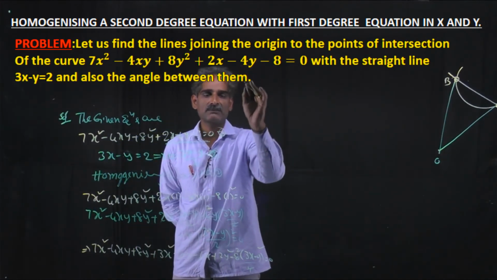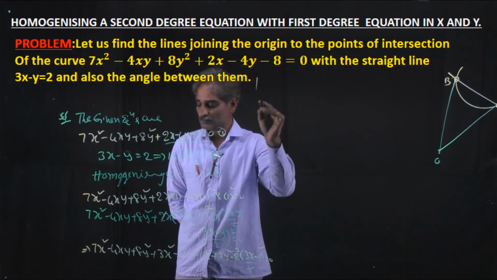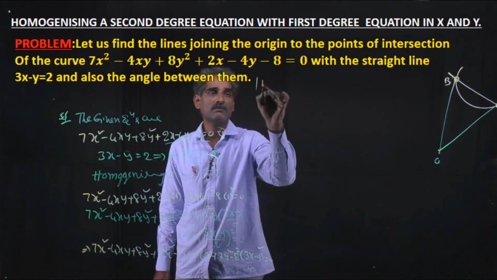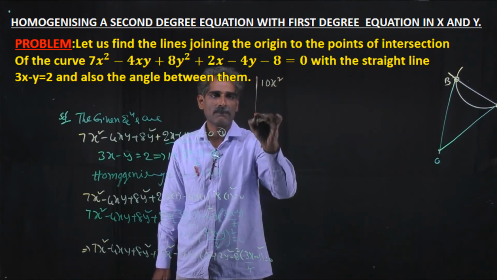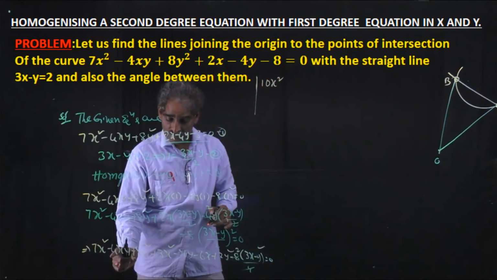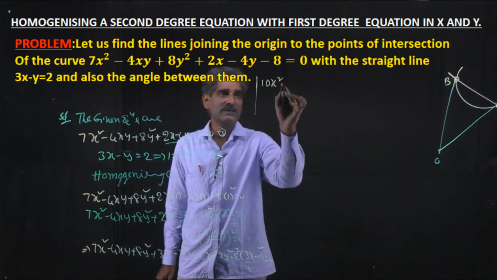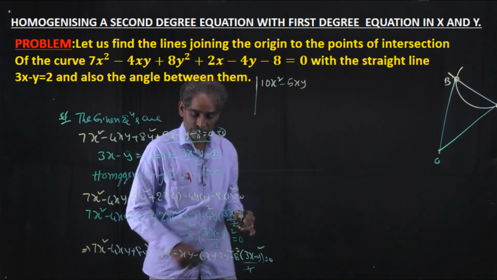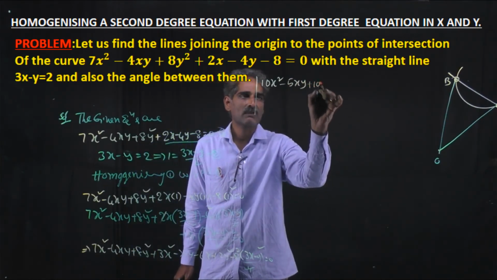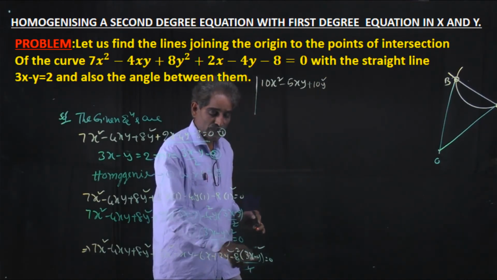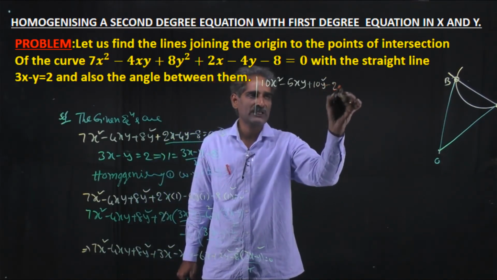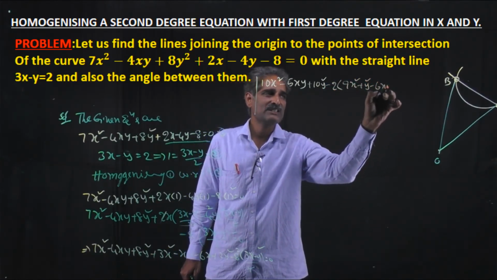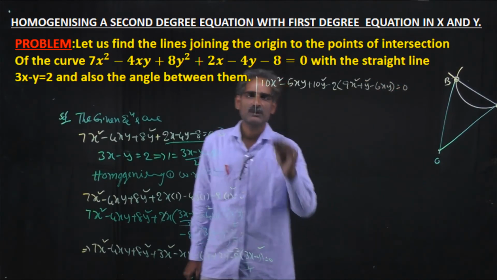Then we will get 7x square plus 3x square, 10x square. Next, minus 4xy minus xy, minus 5xy. 8y square plus 2y square, 10y square. Minus 2 into (a minus b) whole square, minus 2 into (9x square plus y square minus 6xy) equal to 0. Now simplify this.